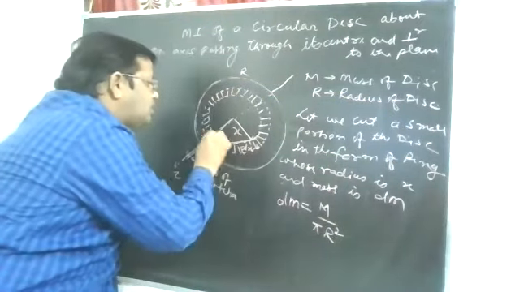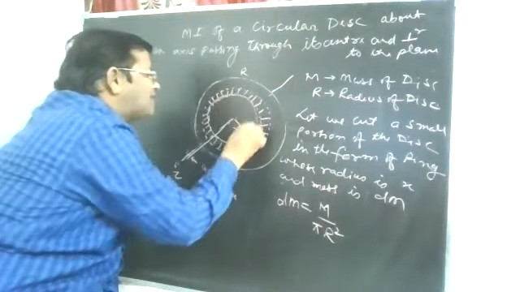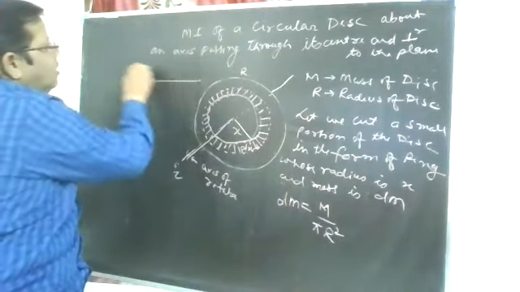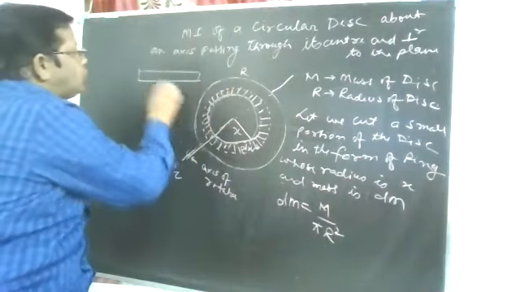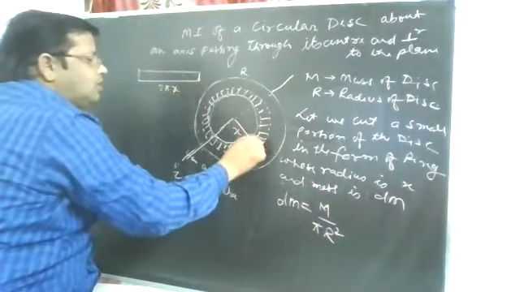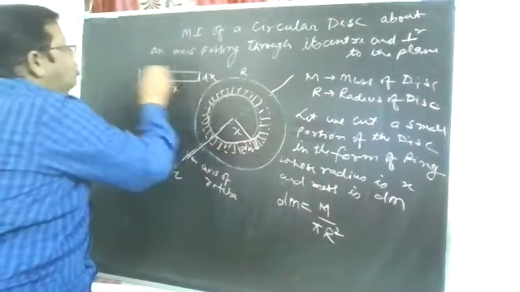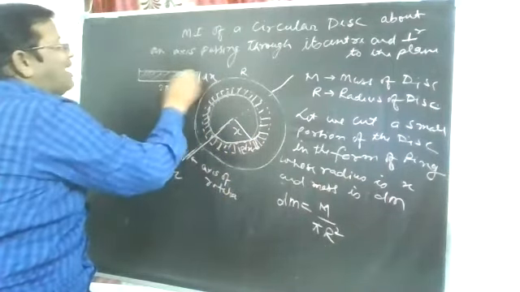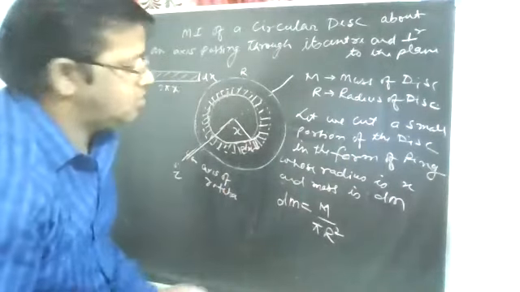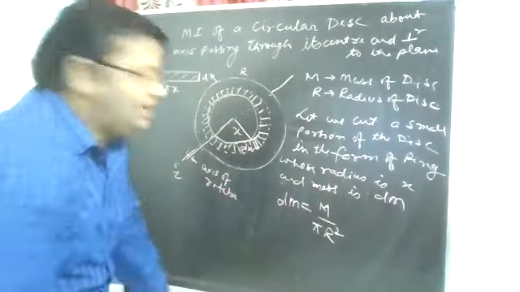The length of this portion is 2 pi x, and the thickness of this portion is dx. So this is in the form of a rectangle, and the area of a rectangle is length into breadth, 2 pi x into dx.